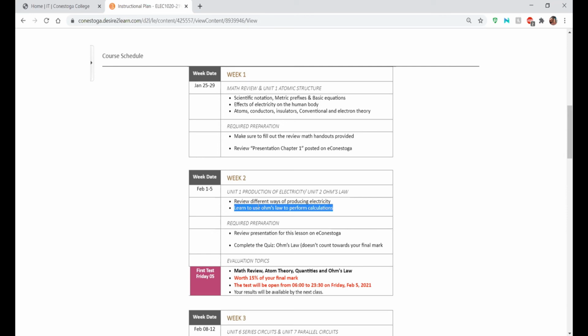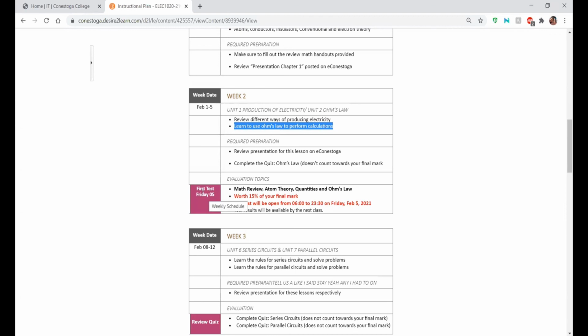That's going to be the big part of the week 2 lesson, performing calculations using Ohm's law. And you are going to be required and expected to do a lot of calculations, because that's how we tend to master math, by doing calculations, okay?